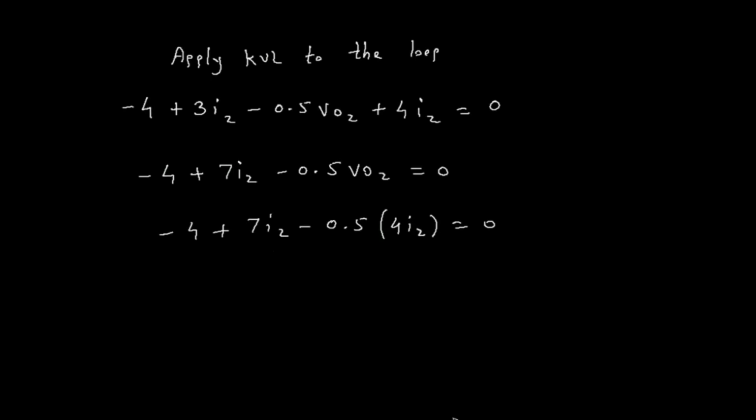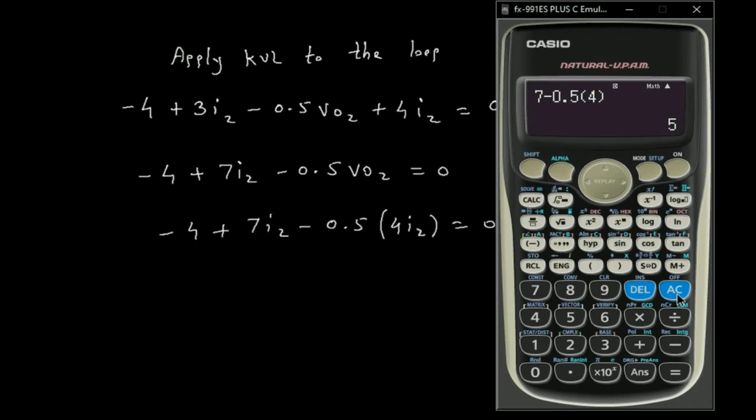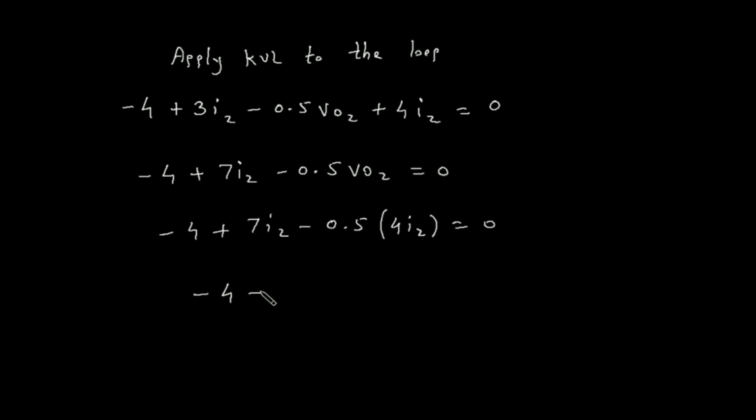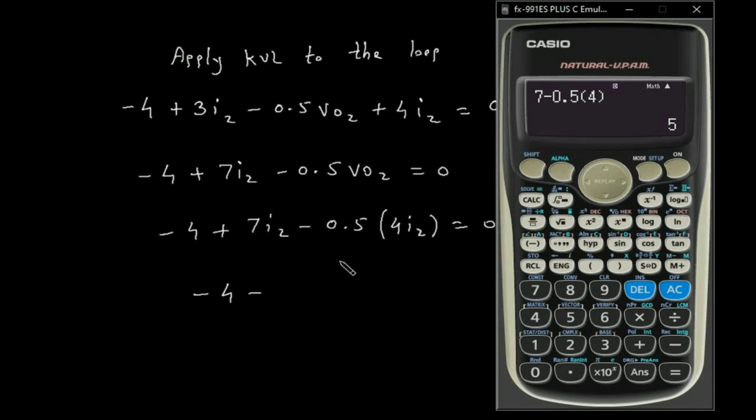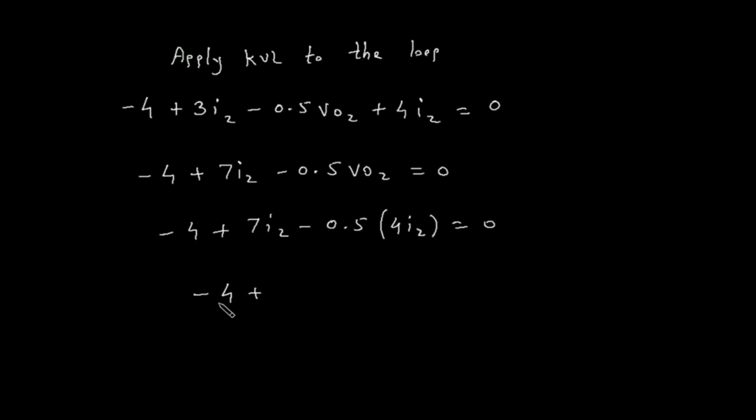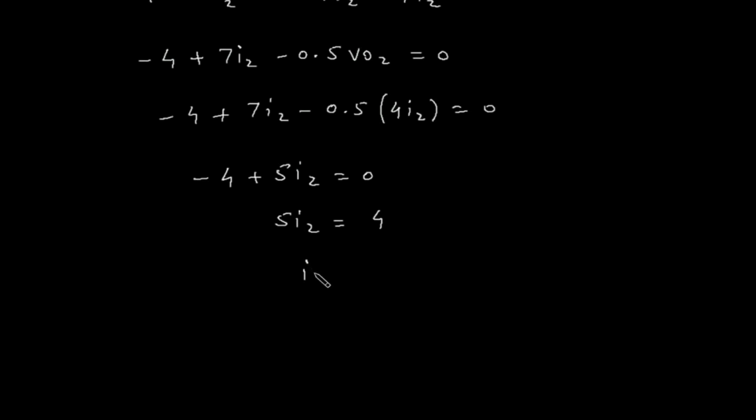Now this will be 7 minus 0.5 into 4, so this is 5. So minus 4 plus 5 I2 is equal to 0. So 5 I2 is equal to 4. Therefore I2 is equal to 4 by 5 ampere.